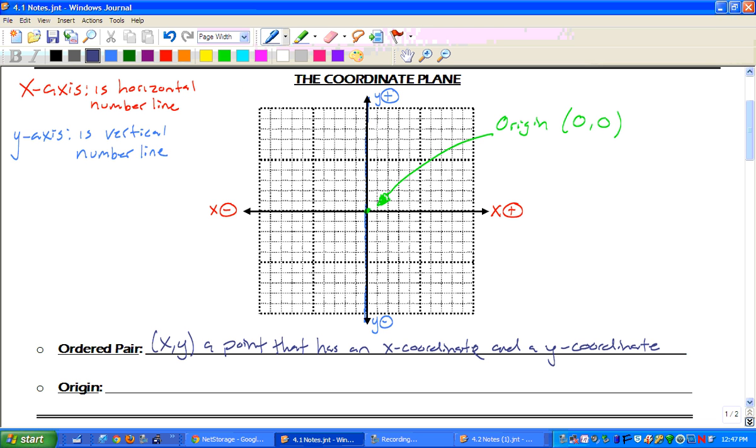Now the origin was what we talked about just a couple of minutes ago, and that is the point (0, 0). It is the center of the coordinate plane.